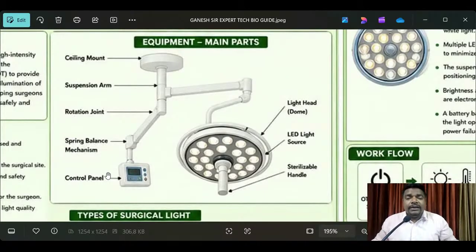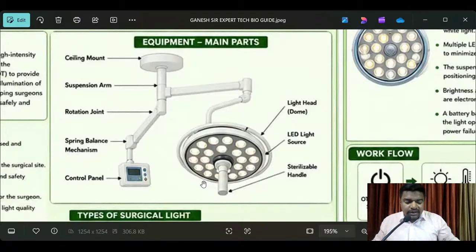Everything pin to pin, let me explain many points very clearly. Now see here, light head dome. Where is the dome? This is the dome. Some OT lights have 2 domes, 3 domes. Depending on manufacturers, companies and requirements, 1 dome, 2 domes, 3 domes or 4 domes are available. It depends on the capacity of the OT, and the hospital will decide which model to take.